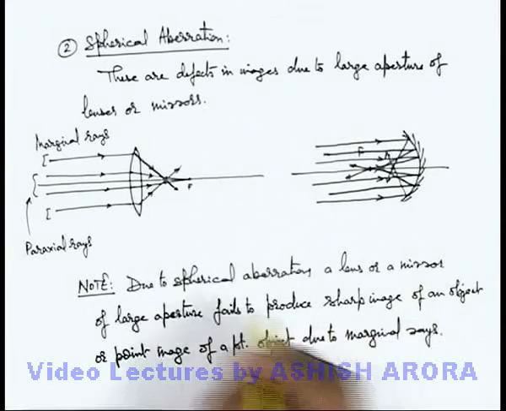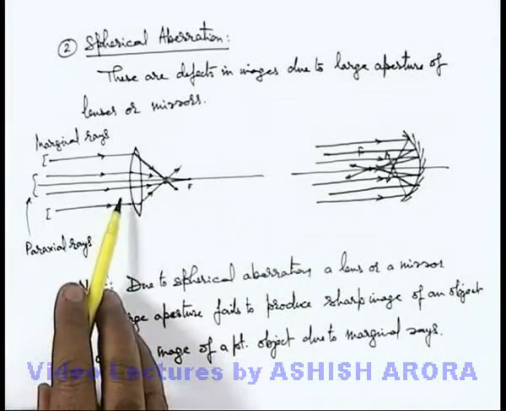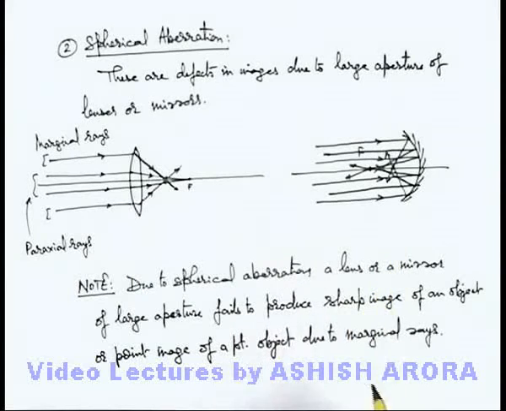So if a lens or a mirror has a very small aperture, only paraxial rays will be refracted from the lens or mirror, and a point image of a point object or a sharp image of an object is produced. This is the phenomenon we call spherical aberration.